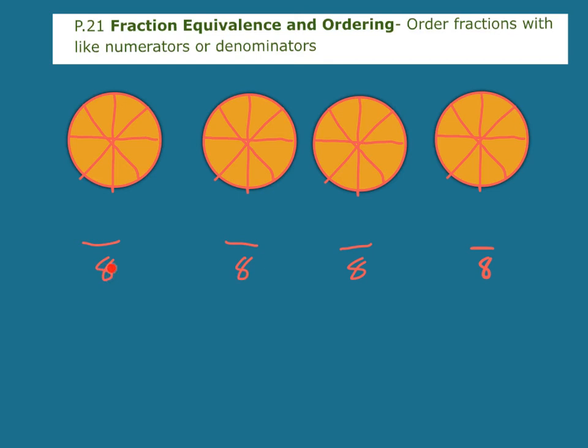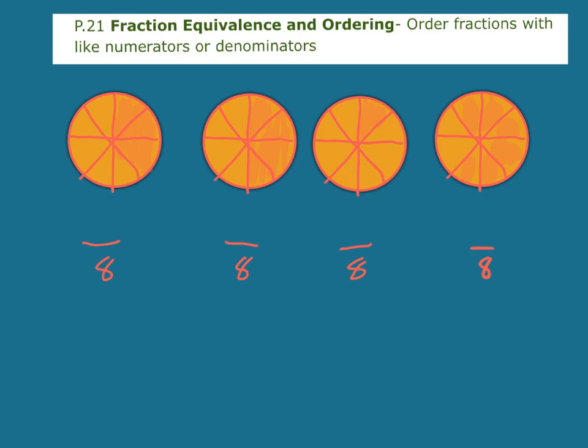And if I wanted to put these in order, let's say this one has this many shaded in. This one's got this many shaded in. This one's got this much shaded in. And this one's got this many shaded in. What are these fractions?